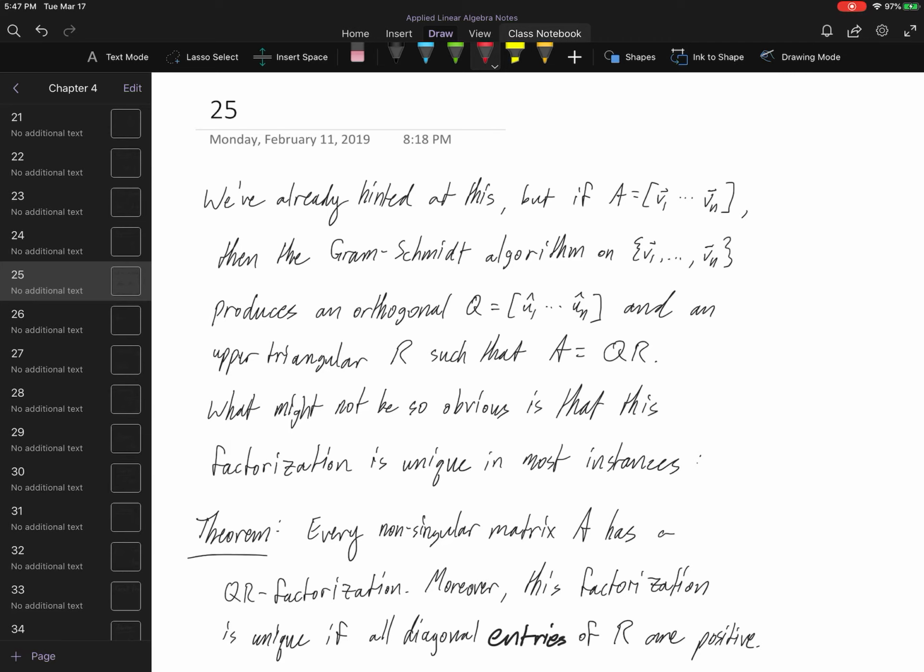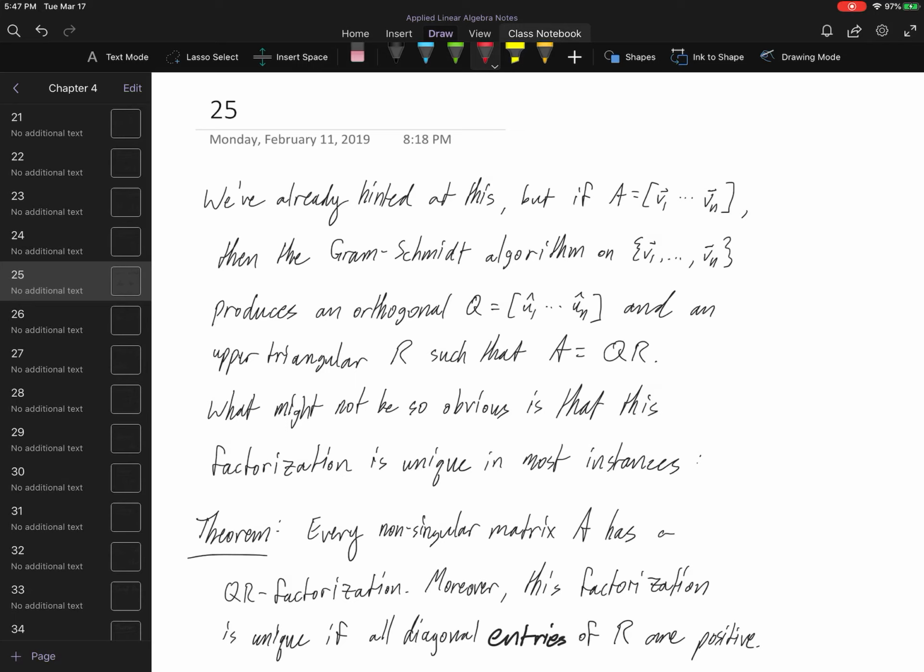I started last video saying that there was this way for us to use QR factorizations to solve linear systems, but we never actually did an example, so I'm going to do an example in this video. But there's one thing I would like to say about the QR factorization before we do that example, and it's that the Gram-Schmidt algorithm, if we have a linearly independent set of vectors v1 through vn, then there is only one way for this algorithm to proceed.